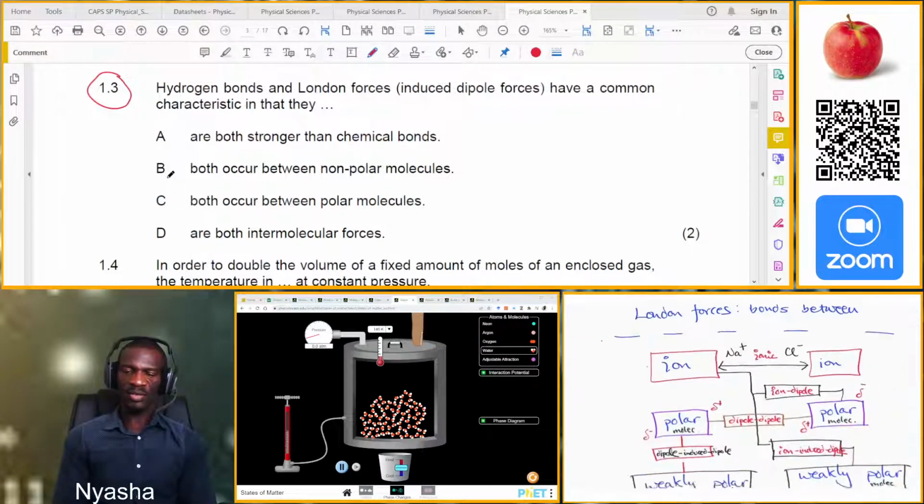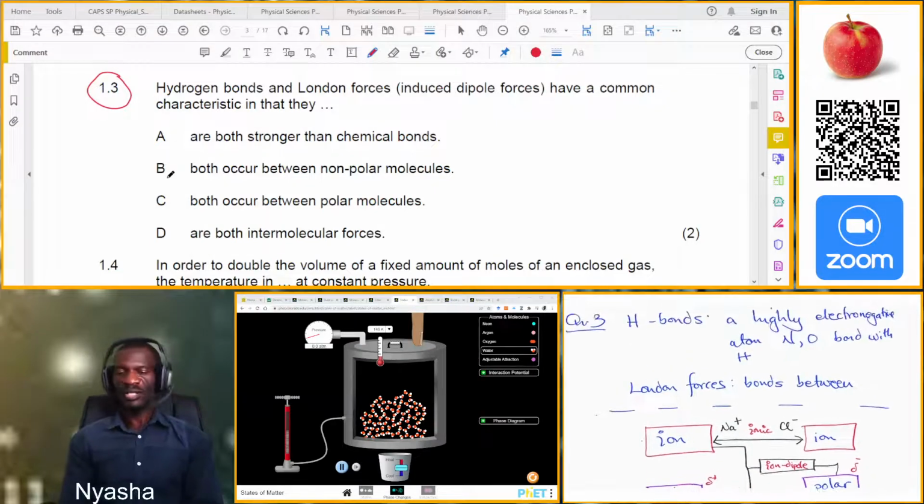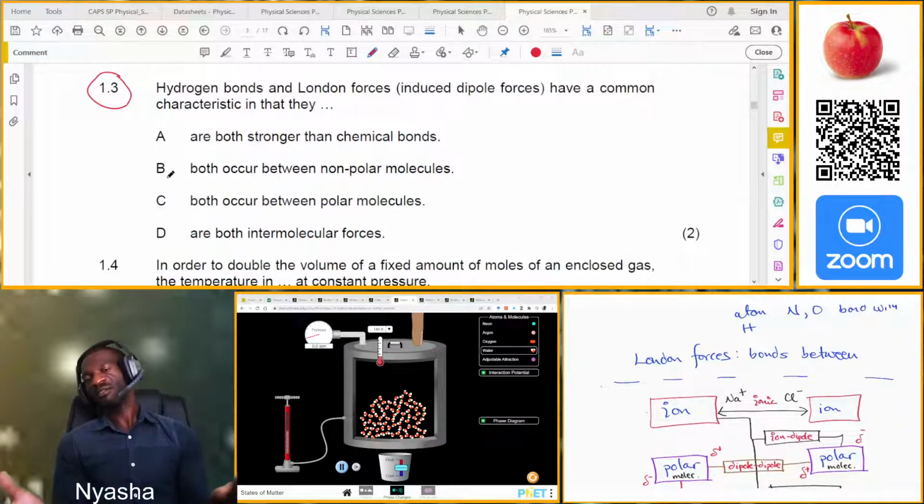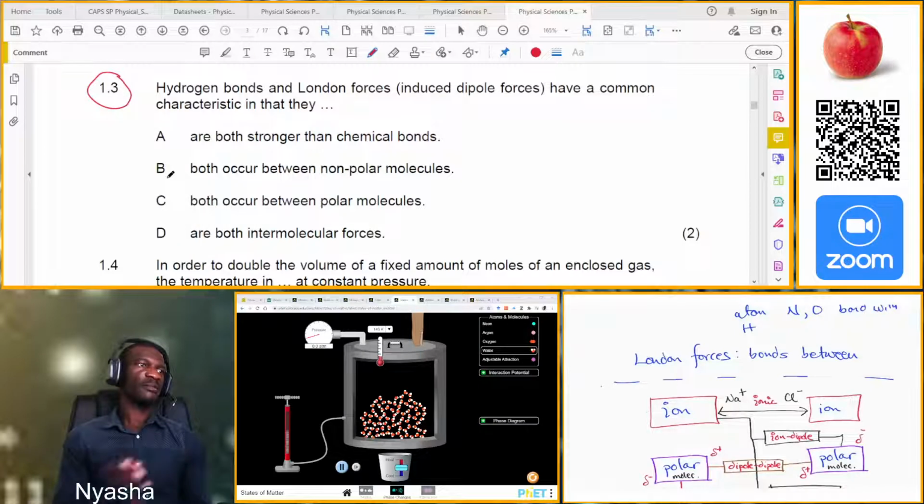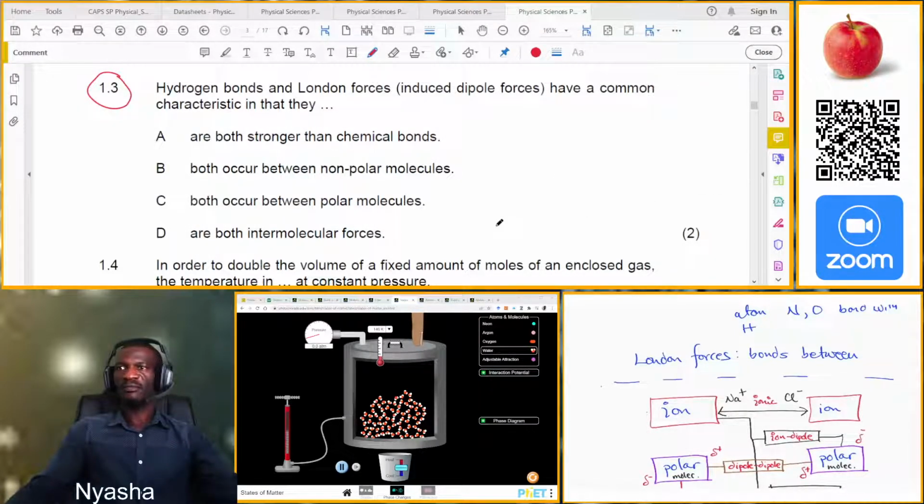So it's obvious that it's an intermolecular force. Then we also have the London forces, which are obvious intermolecular forces. Right, so that covers our section 1 on chemical bonding.